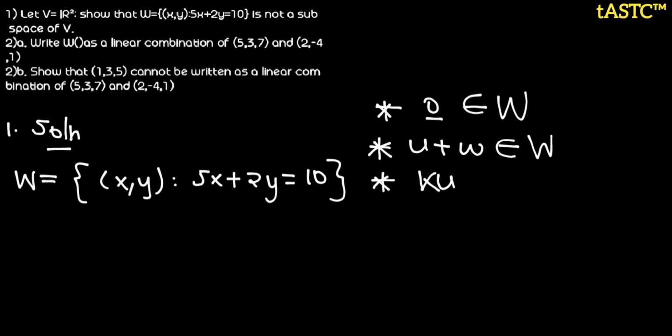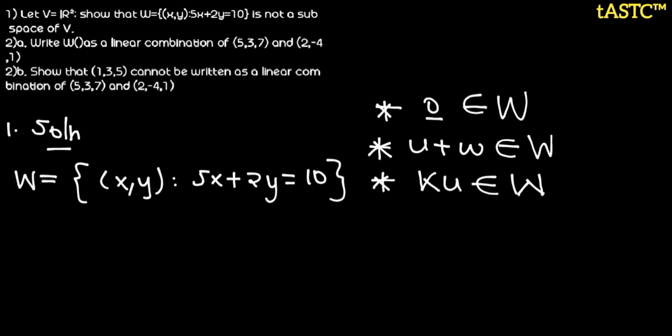So let us say you have a u. If you have k multiplied by u, that still should be under that set. If you have all this fulfilled, then W, which is the set in that case, will be promoted to the subspace of the vector space. So hopefully you understand what I'm trying to say.